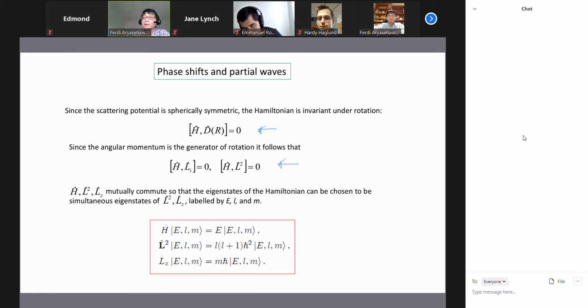Because of this commutativity, we can choose the eigenstates of the Hamiltonian to be simultaneous eigenstates of, in this case, Lz and L squared, as usual. So the eigenstates of the Hamiltonian can be labeled by three quantities: the energy, the angular momentum L, and the z component M.